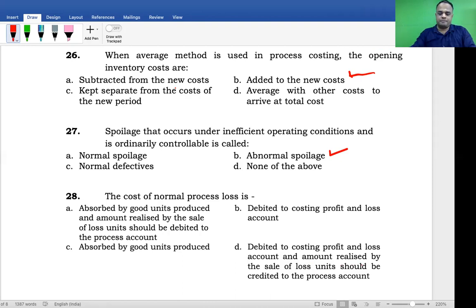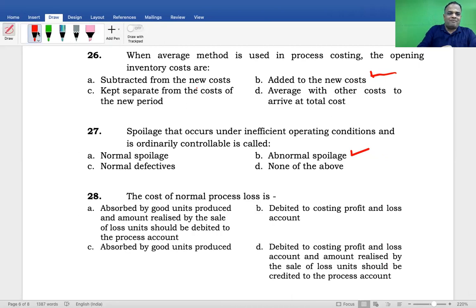What is the right answer? It should be option C, absorbed by the good units produced. Am I right or not?